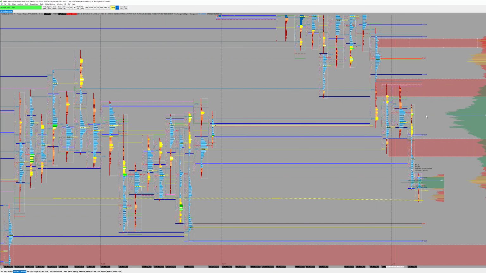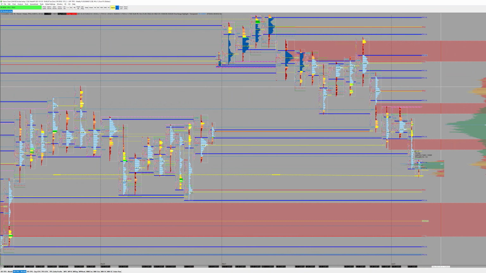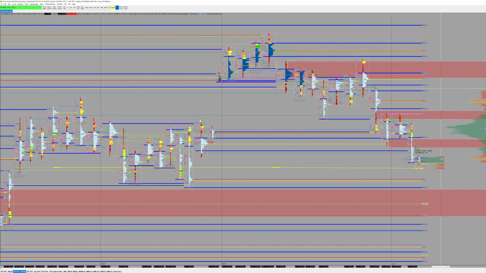I can see if I look at the weeks that obviously we had this change in contract, we had a gap, so the new contract had a higher value. We didn't go that much further up. We corrected, went back within where value was left. Had another little bounce, and we're back within what effectively was value with the prior contract expiry.